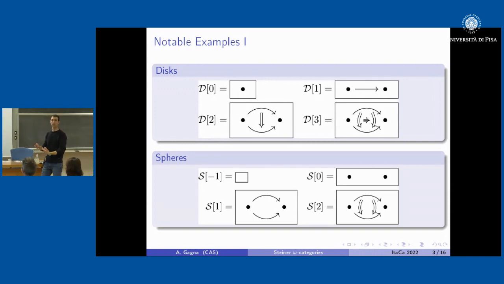So you can perform the usual structures that you can perform in topology. And spheres are just a kind of the boundary of the disks, right? The minus one sphere is nothing, it's the initial omega category, is empty. S0 is the boundary of the one arrow. S1 is the boundary of the two cell, and etc.